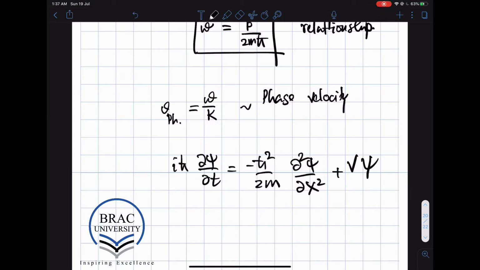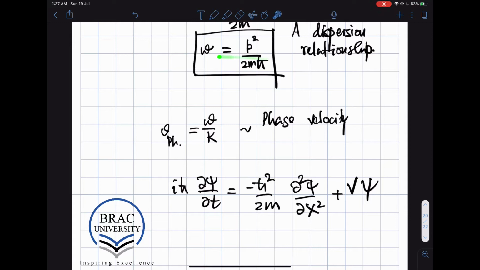So a general solution to the Schrodinger equation will not be a plane wave, but there will be some kind of plane-like solution, but the dispersion relationship coming from this, because of the presence of this potential, will not be the same dispersion relationship as this.